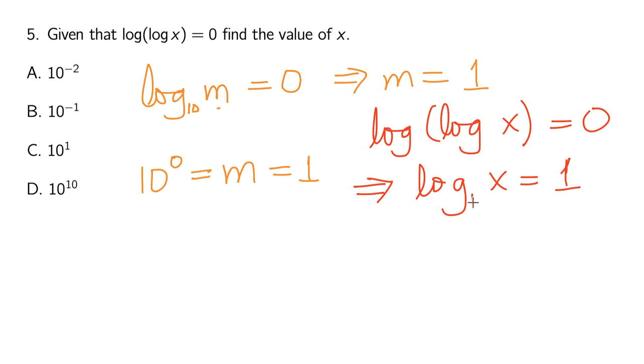Like I said, this log is actually to the base 10. Now if log 10 of some number x equals 1, what can we say about x? This implies x equals 10 to the power 1, which is equal to 10.